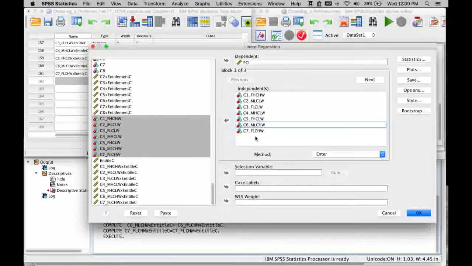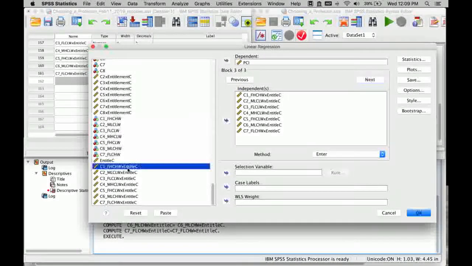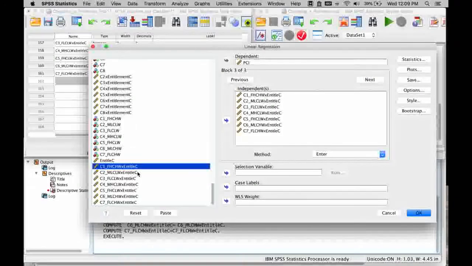And also I think we're going to split the file on participant gender once you have enough participants, so that wouldn't be a control variable. Anyway, so block 1 is the codes, block 2 is the entitlement variable, and block 3 are all of our interaction terms.